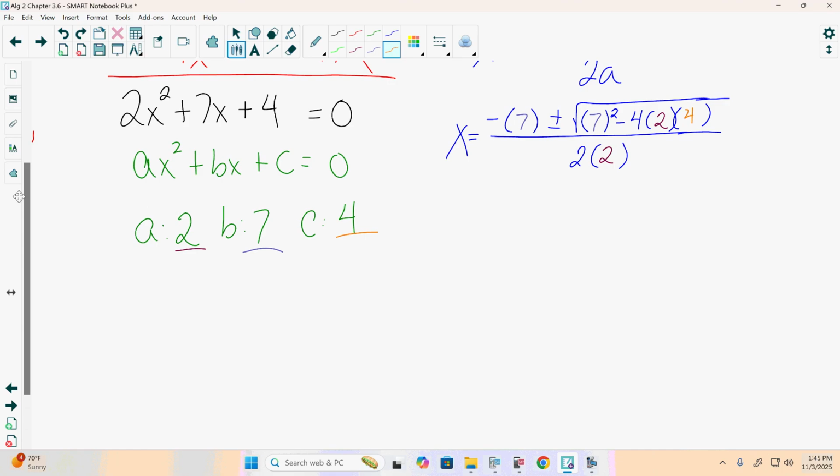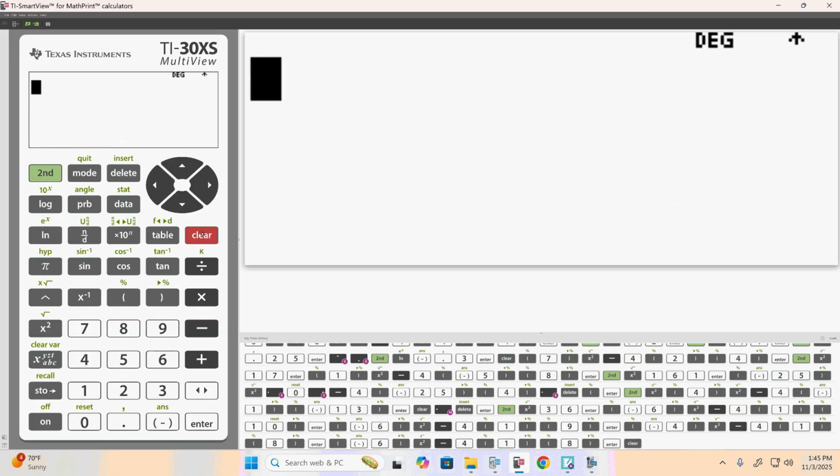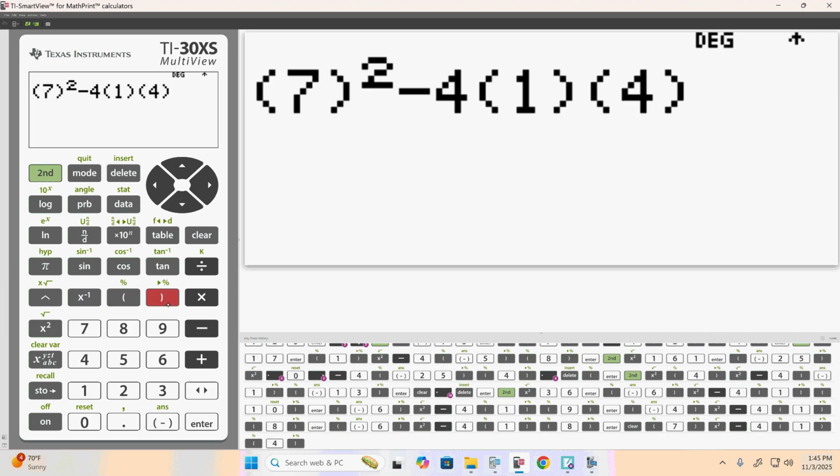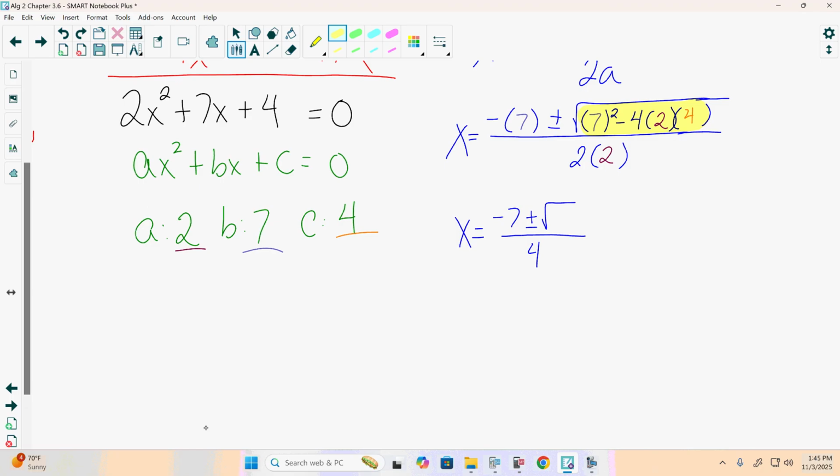Now we just need to simplify. So our negative 7 is going to be negative 7. In the denominator, 2 times 2 is 4. Next thing we can do is take everything inside the radical, not the radical, but everything inside it, and stick that in the calculator.